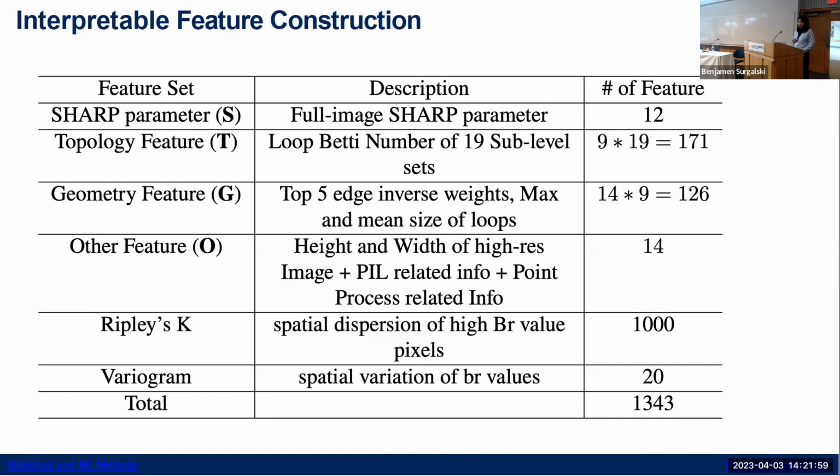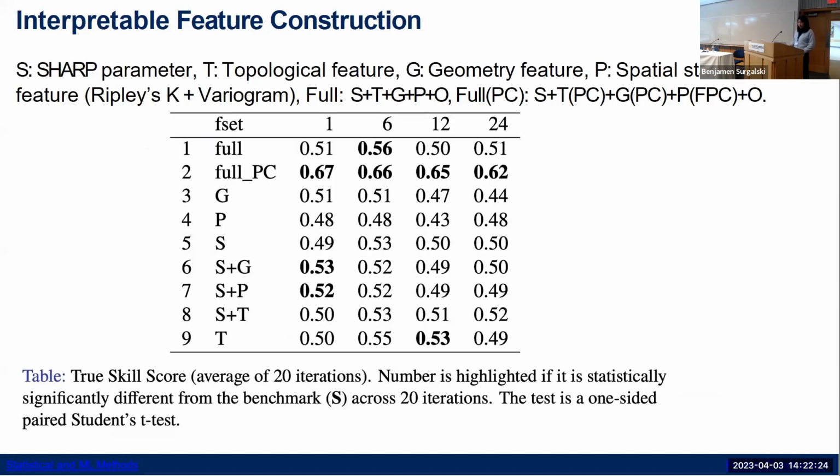Then we look into some other type of feature construction after talking a lot to those scientists, especially the physicists who understand the flaring mechanisms. And then we come up with a few more features based on the topology, geometry, and also spatial information. So we borrowed a few concepts from the field of spatial statistics in the statistical literature and tried to build important features.